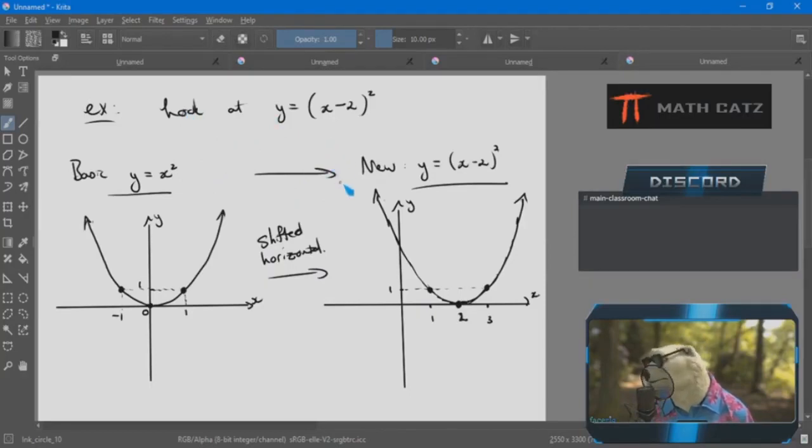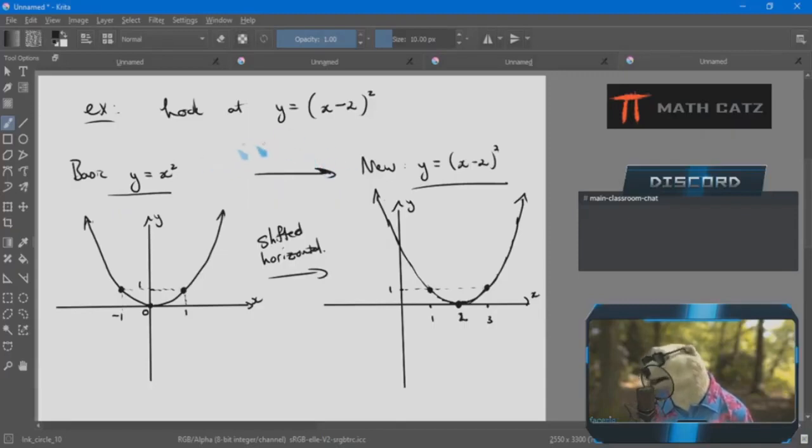Now, many people would just casually say, oh, I subtracted 2 from x. It's not quite clear enough to say it like that so that it works for other more complicated functions as well.